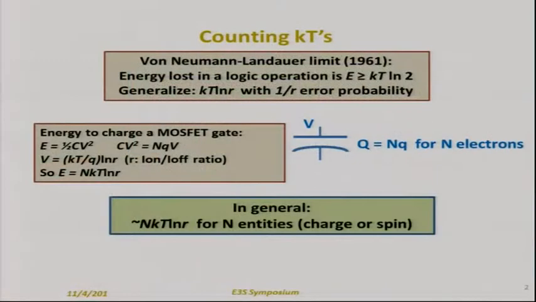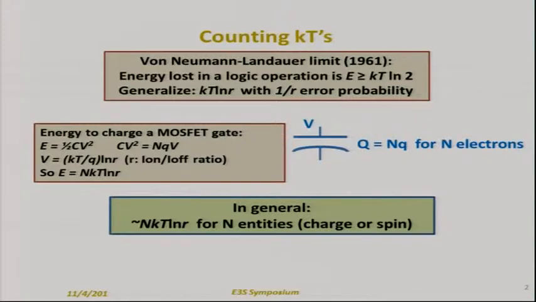So first of all, let me lay some background here. When we're in this regime of trying to approach the very fundamental limits of energy dissipation in computing, we're doing what I like to call counting kTs, right?